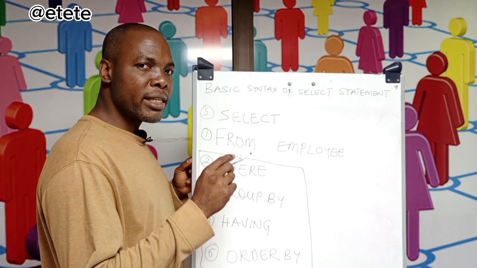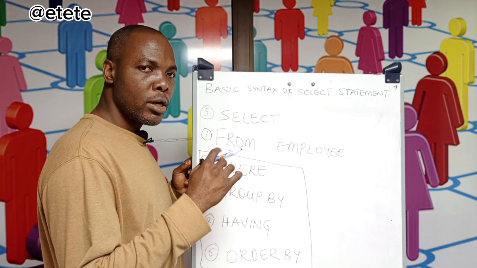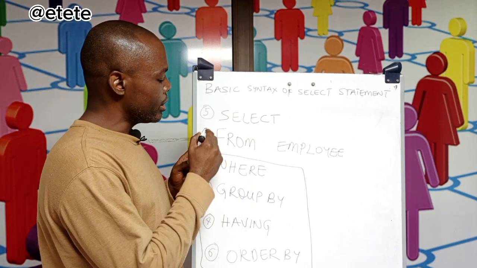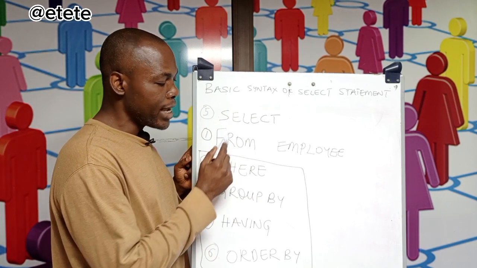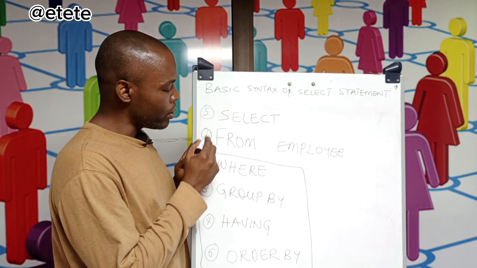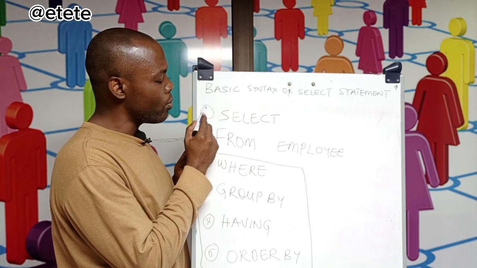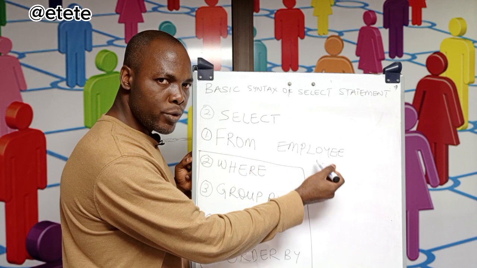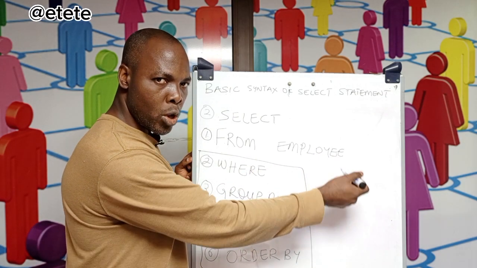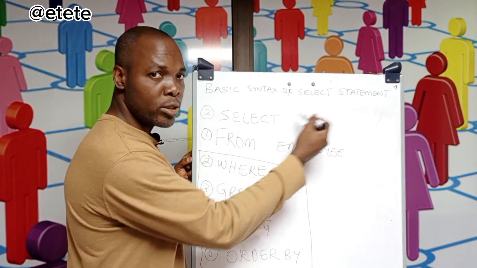The compulsory clause of a select statement is this and this. So in a case where you are having only this and this, this is the first one, and this is the second one. You identify the table from which you want to pick your columns, and then you select those columns.